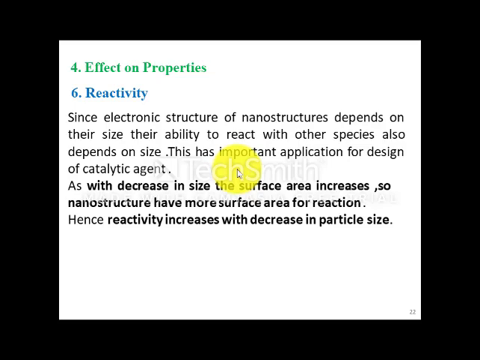But if their particle size is greater, then it will be difficult for them to react with each other, because as the surface of one particle collides with the surface of the other particle, the surfaces of the reactants interact with each other and are converted into the product. So this is a very good example of the nanoparticle size effect on properties: reactivity increases with decrease in the size of the materials.